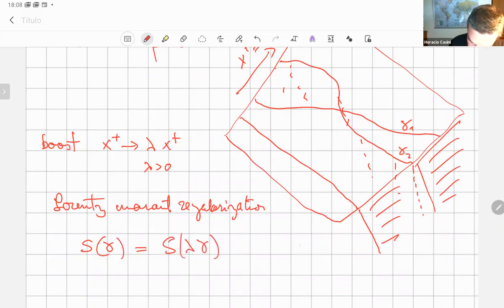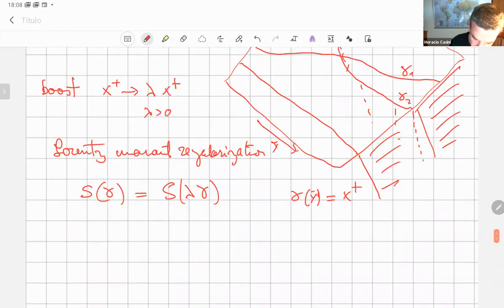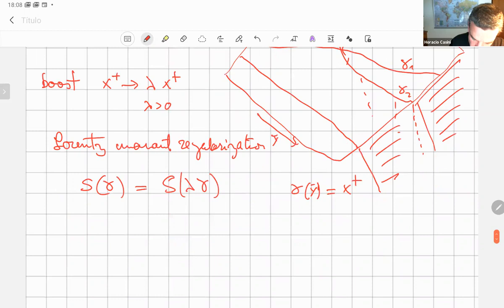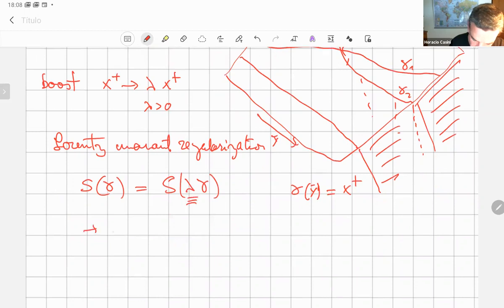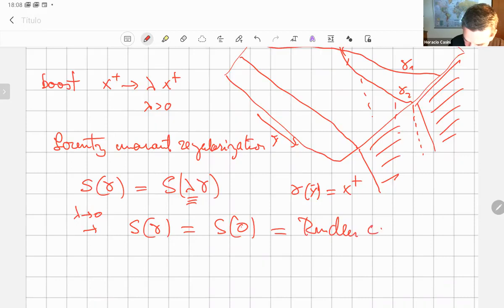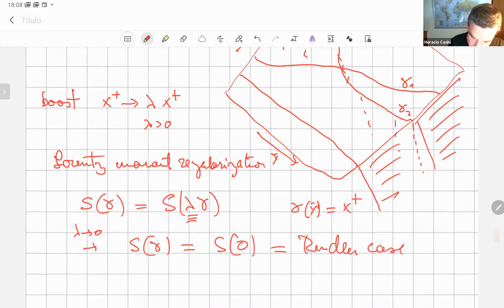If these are transversal coordinates, the curve is described by gamma of these coordinates, y equal to x plus. But then you can take lambda going to 0, and then S gamma is equal to S0. That is just the Rindler case. So all entropies are equal.